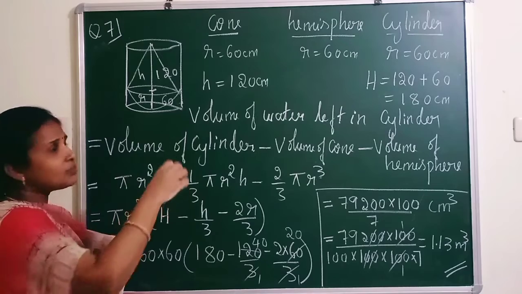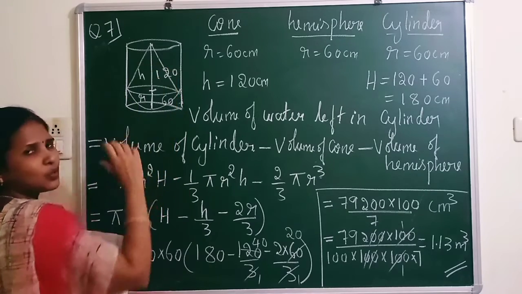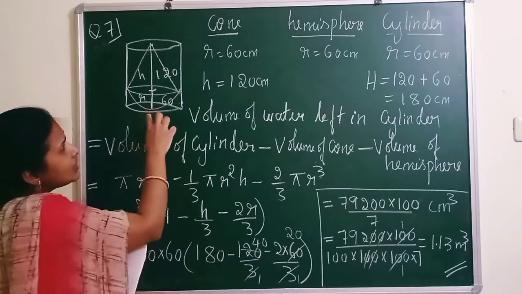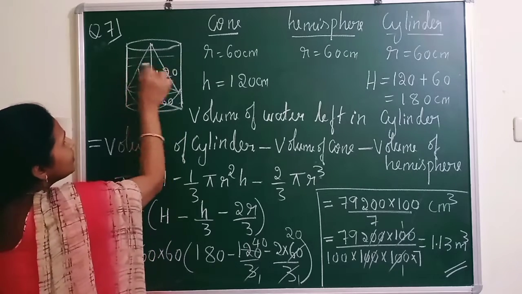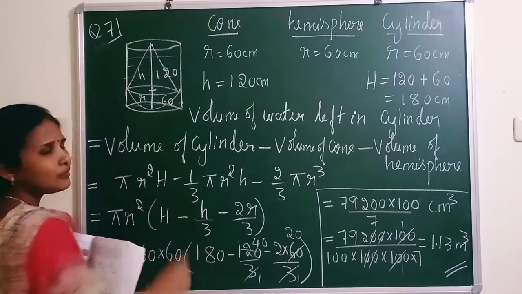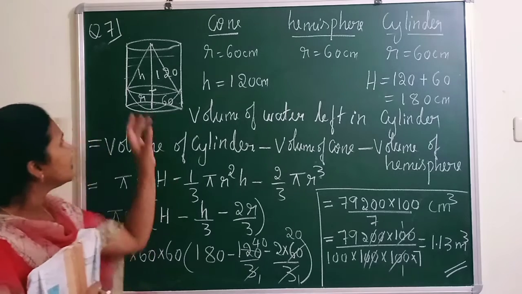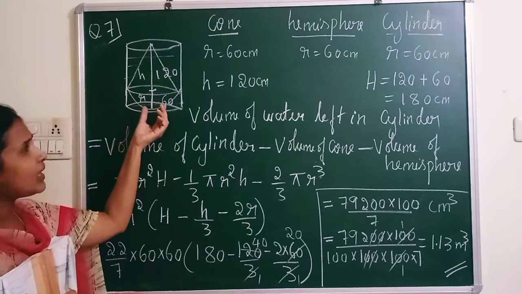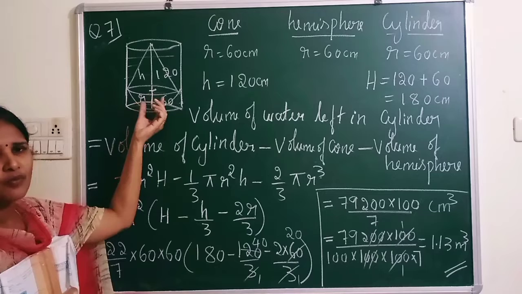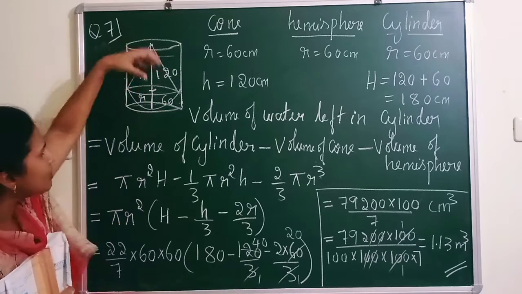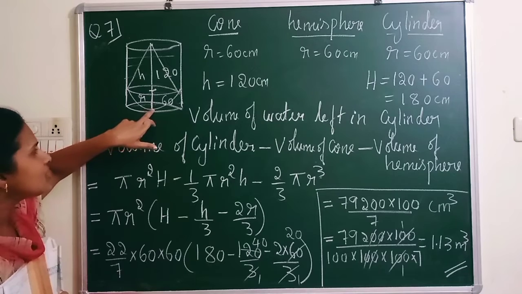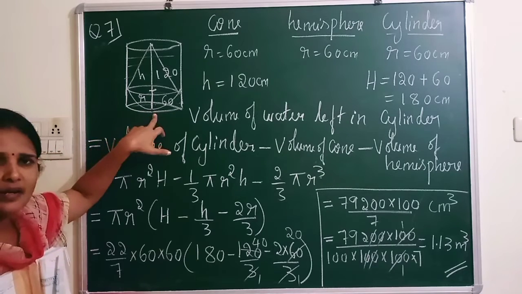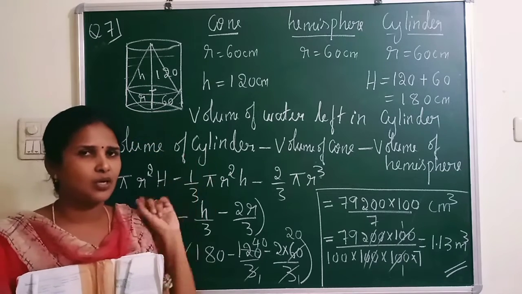Means they kept both the hemisphere and the cone upright in a cylindrical vessel filled with water. Means the cylinder is filled with water. Okay. So now the cone and the hemisphere arranged like this in the form of this shape and they kept inside the cylinder upright such that this touches the bottom of the cylinder and the cylinder is filled with water.